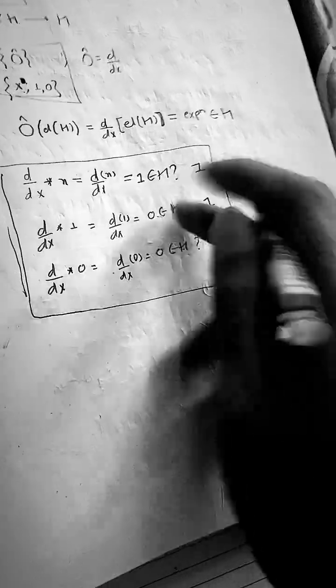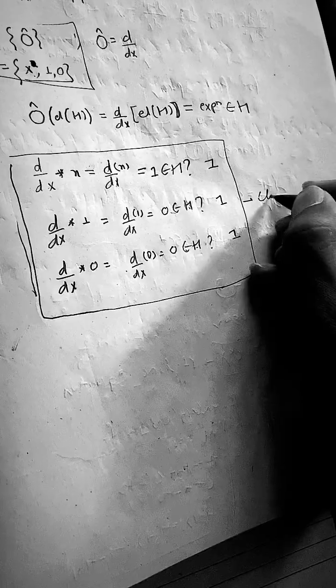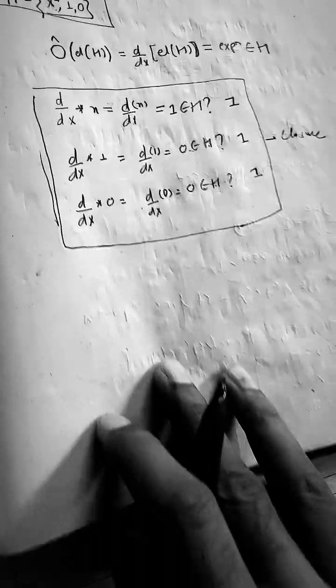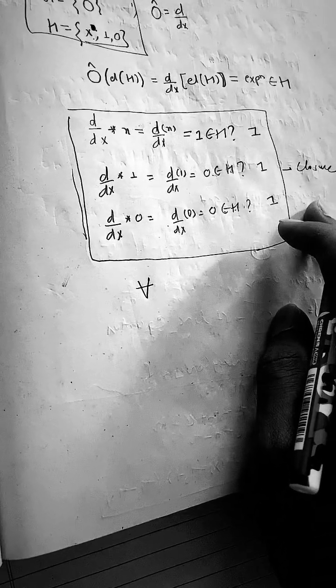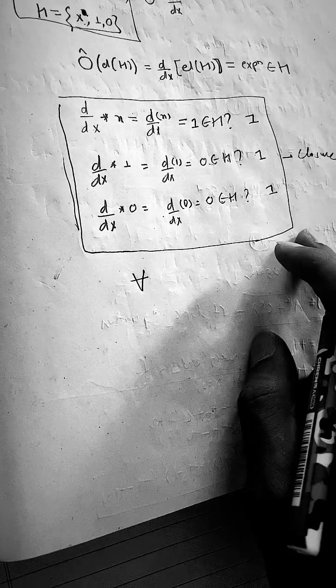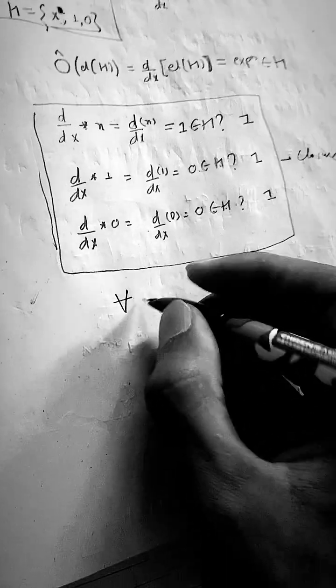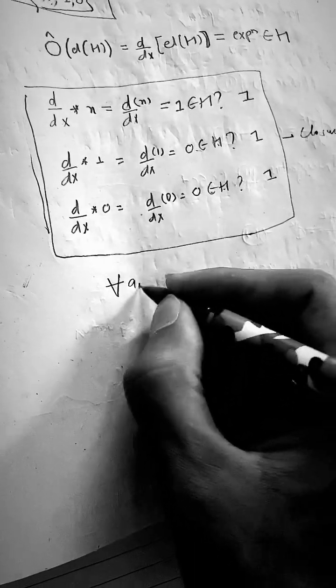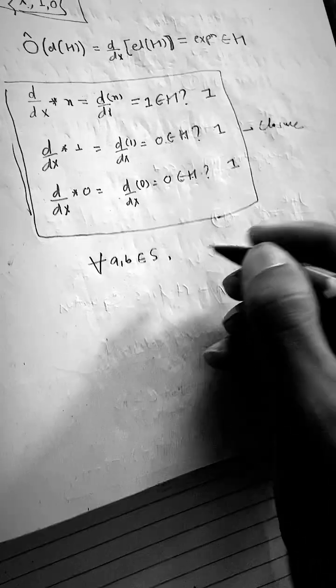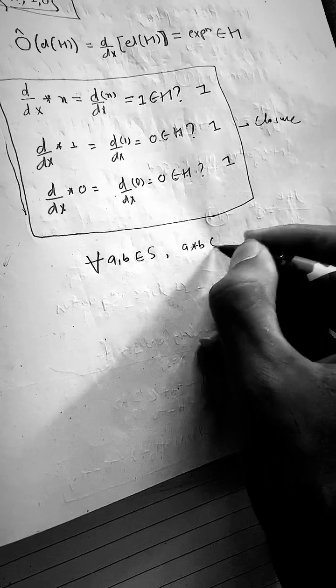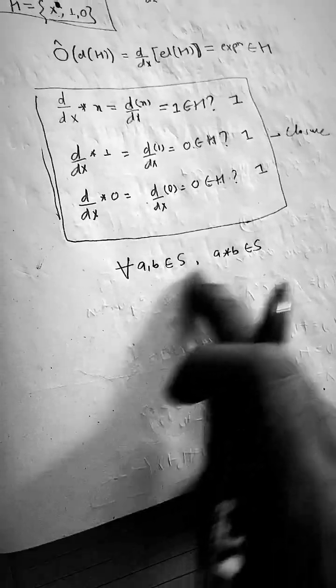Well, for now, this property is called closure. If you look carefully, what is closure? But it is a different kind of closure. What is closure? We say for all elements A, B that belong to some set S, A star B should also belong to S. This is the definition of closure.